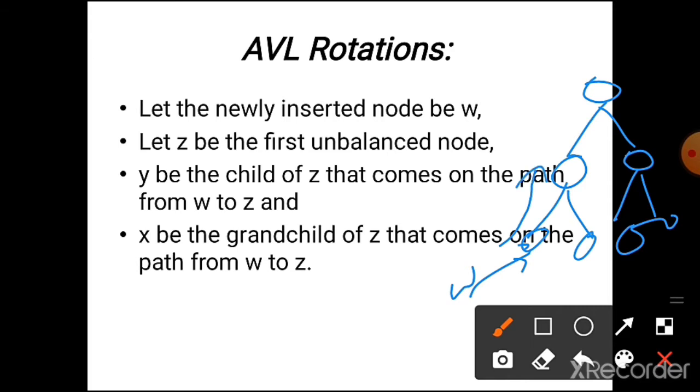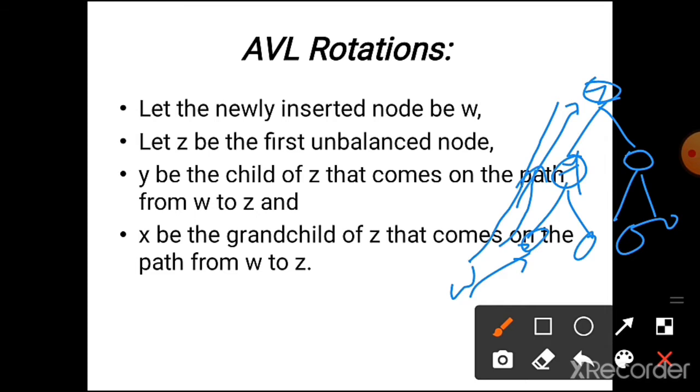So this is the first unbalanced node Z, and Y is the child of Z that comes on the path from W to Z, and X is the grandchild of Z that comes on the path from W to Z.